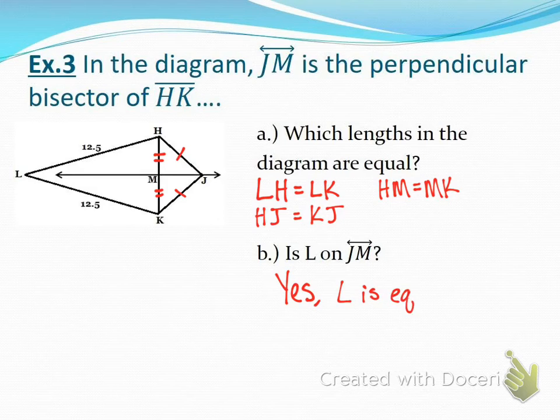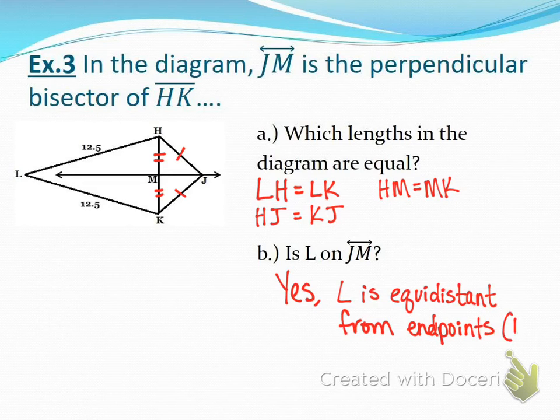You could just say equidistant from H and K. Those are the endpoints. We know it's on the perpendicular bisector if it's equidistant from the endpoints of the segment that got bisected. Questions about example 3?